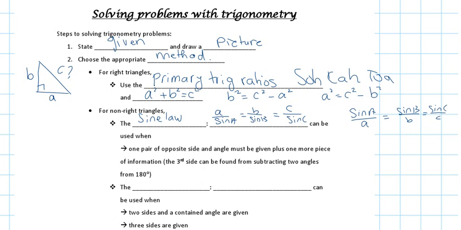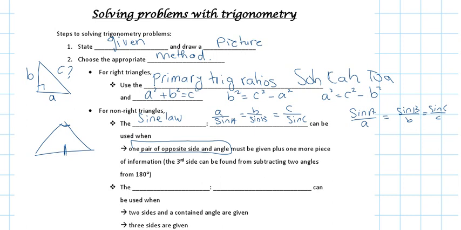These can be used when you have one pair of opposite side and angle plus one more piece of information. Remember that if you don't have an angle and its opposite side, you can't solve this. So you must have an angle and its opposite side, and either another side or another angle.